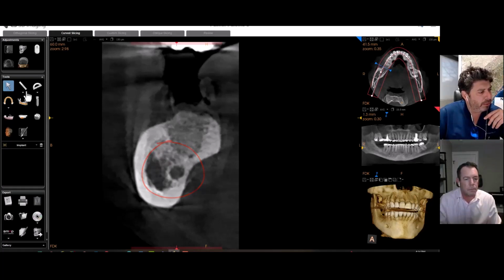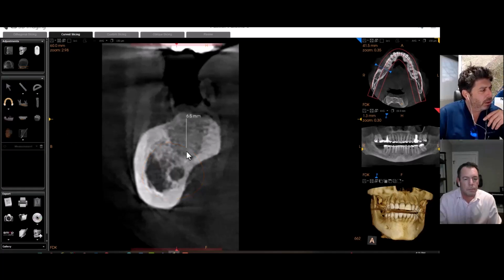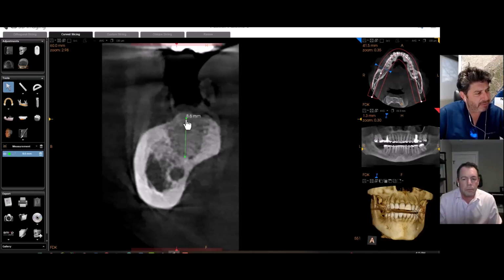Initially, we'll generally just measure. Here we have 8.6 millimeters from where I perceive I would get a flat surface. So if I were to measure from the top of the bone, it's 10.7, but you understand that an implant has a certain diameter.